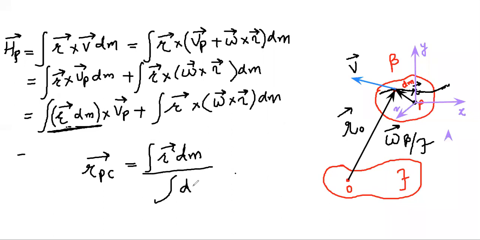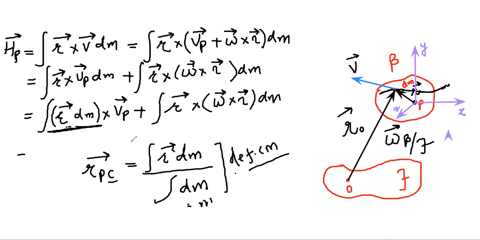This is the definition of the center of mass or center of gravity of a rigid body. The integral of dm is equal to the total mass of this body.